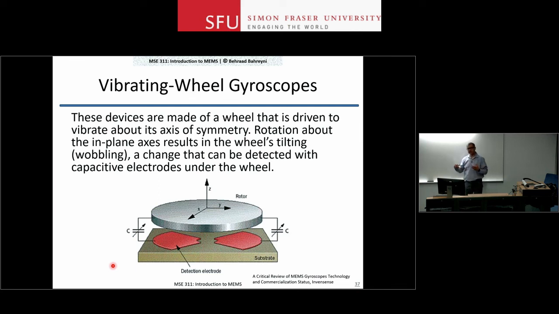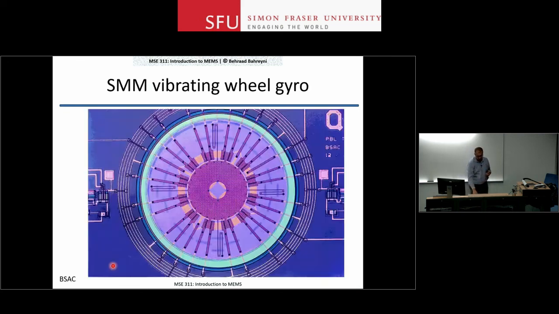Well, again, the challenge here for MEMS devices is that you cannot have continuous rotation, so what you will have is back and forth rotation. Then, with the wheel that you make using MEMS technology, if you have an angular rate applied to the x or y axis, it starts to wobble. It's just going up and down, essentially creating a differential signal for you.